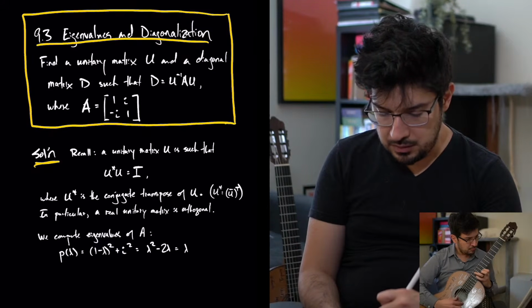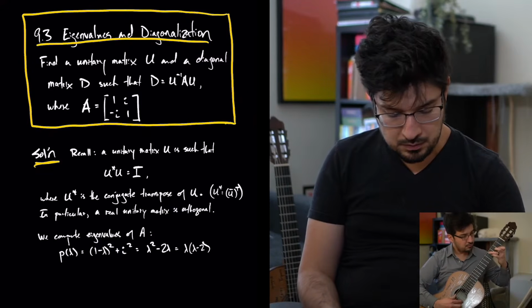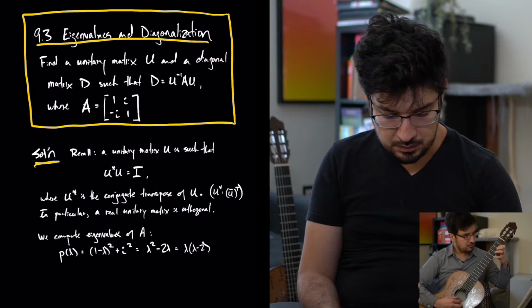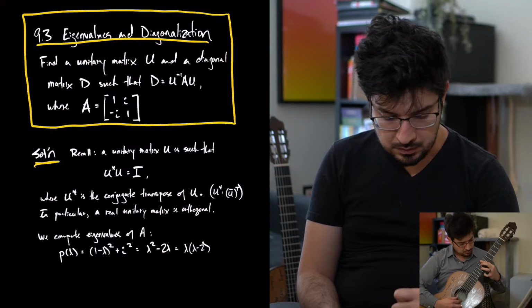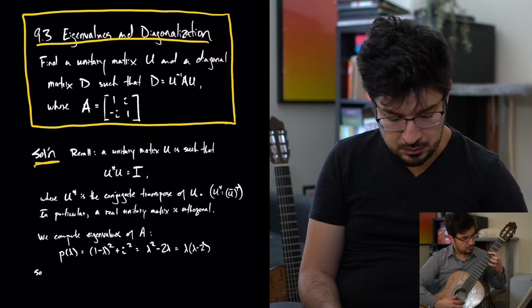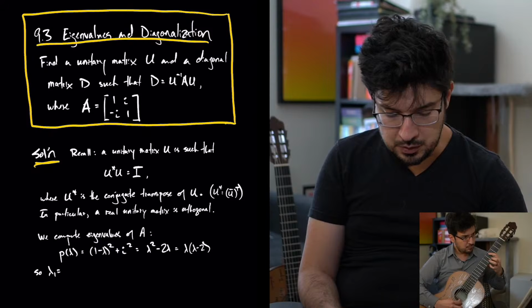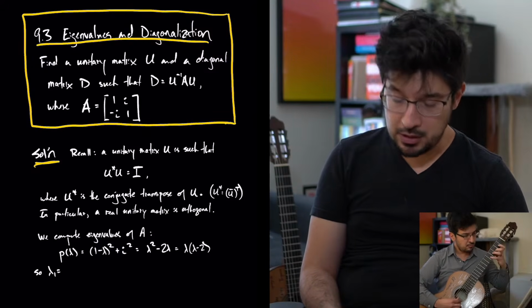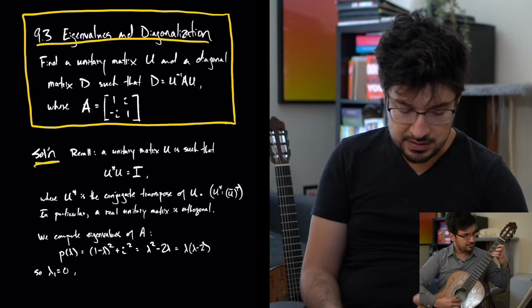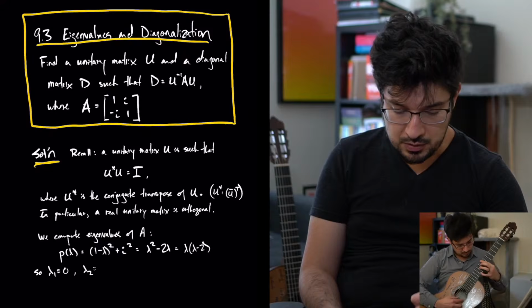So the roots of that characteristic polynomial are 0 and 2.